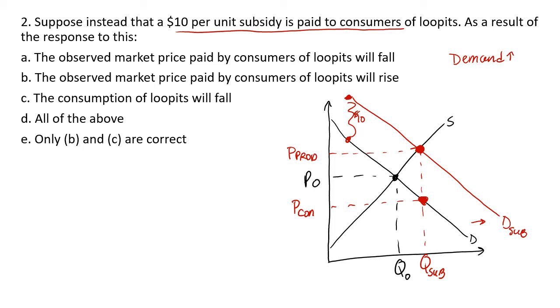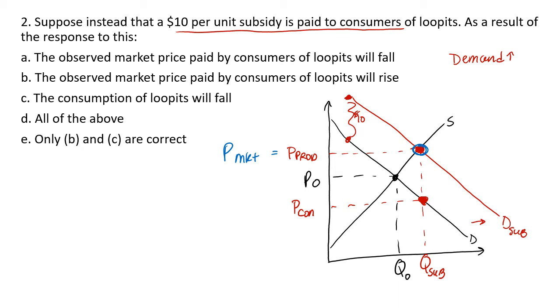What will be different is what we talk about as the observed market price. So the market price again is where both of our curves exist. So that's going to be this price up here. So this is our market price in this case.